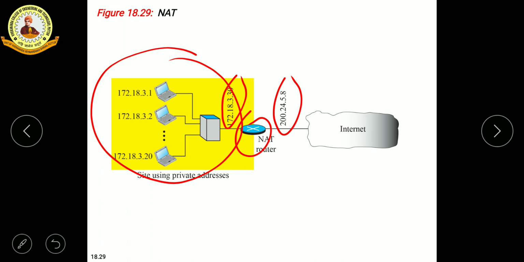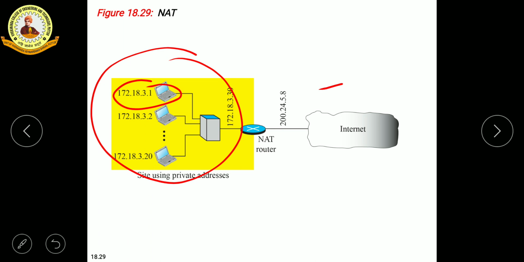The private network is invisible to the rest of the internet. The rest of the internet only sees the NAT router through this IP address, 200.24.5.8. This is what network address translation is. Whenever any of these computers sends information to the other part of the world, its source address is converted into a global IP source address using the NAT router.